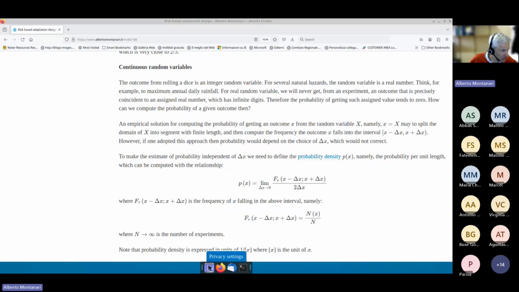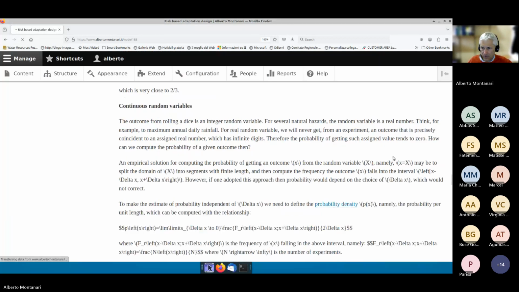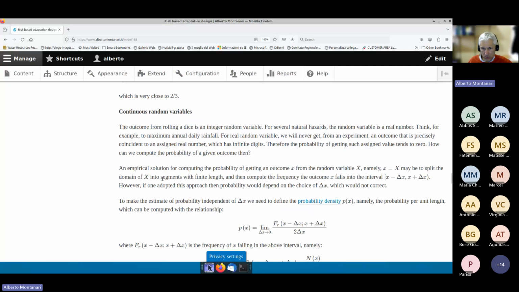Let me make the correction: maybe to split the domain into segments. If you see other spelling errors, just let me know. Okay, let me refresh it. Maybe to split the domain of x into segments and then compute the frequency.